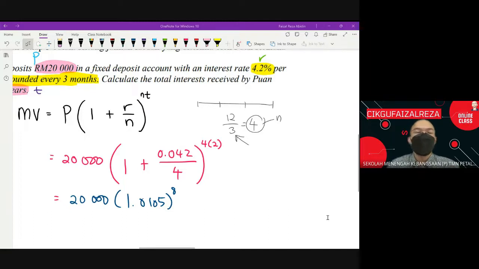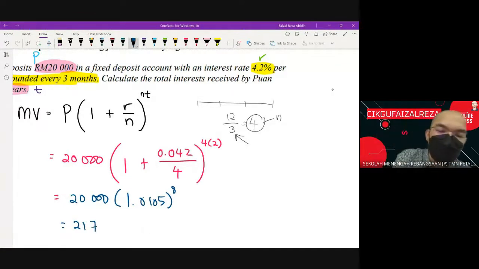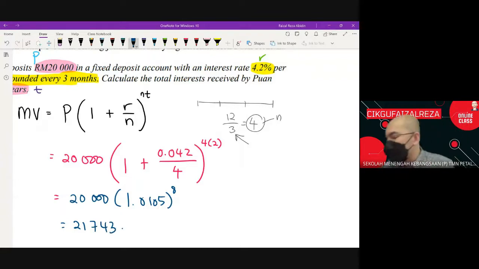So the answer here, you are going to get 21,743 ringgit, and this one you are not going to put 0.0537 as is. You are going to get what? Cents. 5 cents, isn't it? So the answer here is going to be 21,743 ringgit 5 cents.